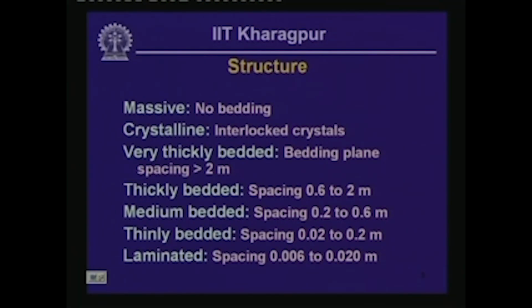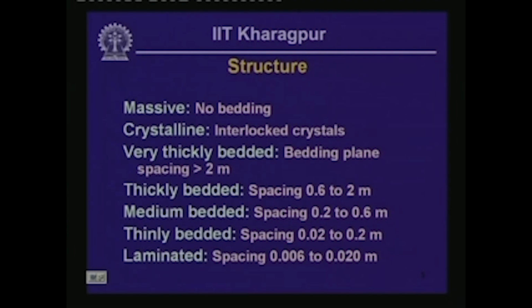Then the second type of structure is crystalline structure, and we have seen this term earlier as well, and this type of structure represents rocks that are comprised of interlocked crystals.